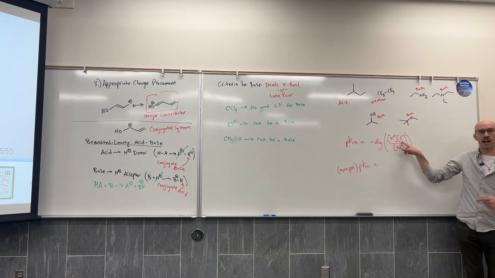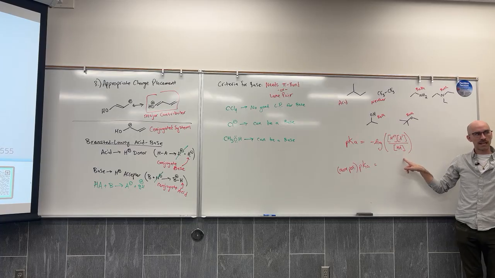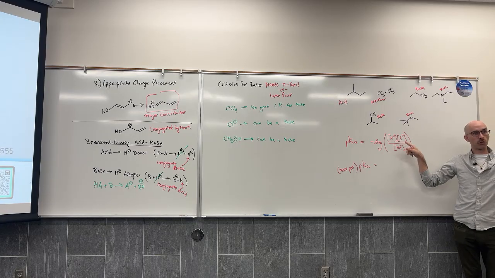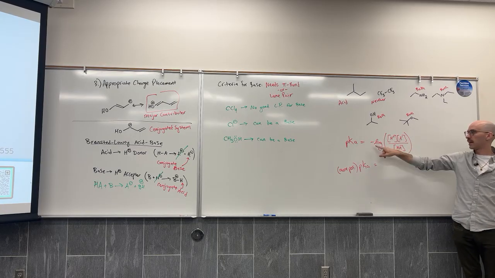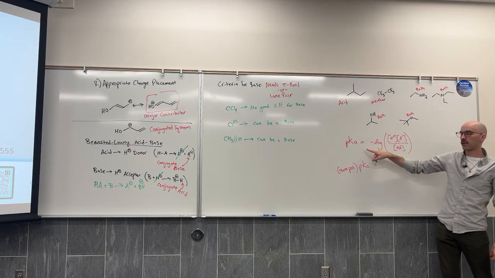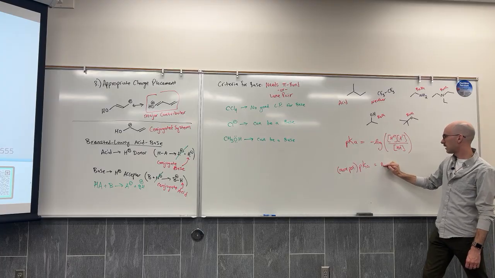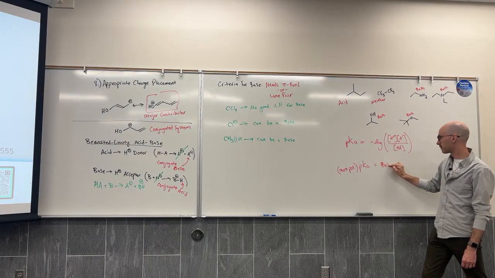If this number on top ever gets so large that dividing it by HA leaves me with a number greater than 1, then actually greater than 10, then negative the log becomes a negative number. A more positive pKa is a better acid.